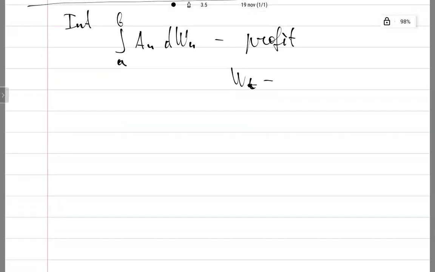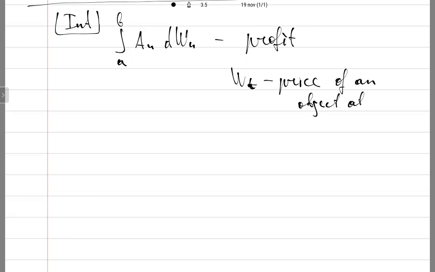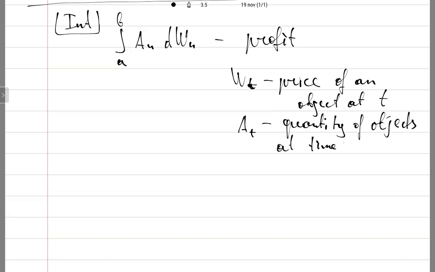Now let's recall what a stochastic integral is from an intuitive viewpoint. It's a profit when W_t is interpreted as the price of an object, let's say of a cup, at time t, and A_t is considered as the quantity of objects, of shares, at time t.